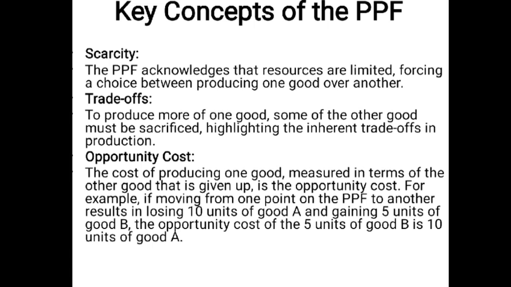The cost of producing one good, measured in terms of the other good that is given up, is the opportunity cost. For example, if moving from one point on the production possibility curve to another results in losing 10 units of good A and gaining 5 units of good B, the opportunity cost of 5 units of good B is 10 units of good A.